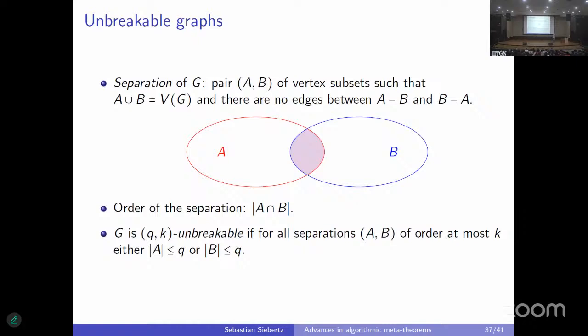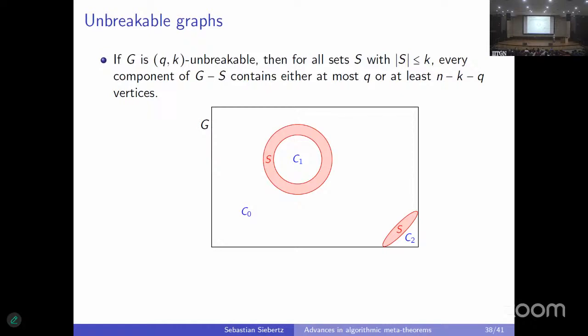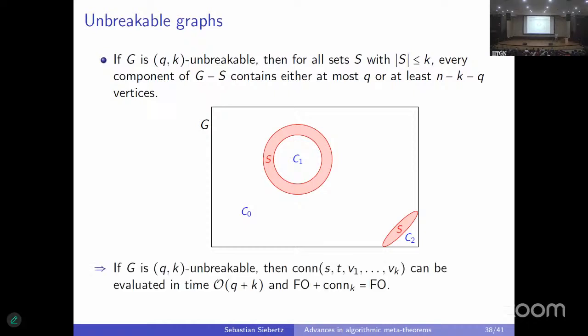So I cannot break the graph in a balanced way if I have q-k-unbreakability. With some vertices as separators, I cannot create many large components. I cannot break this graph with a small separator in a balanced way. So I will have one giant component and then a few very small components, at most q vertices in total.